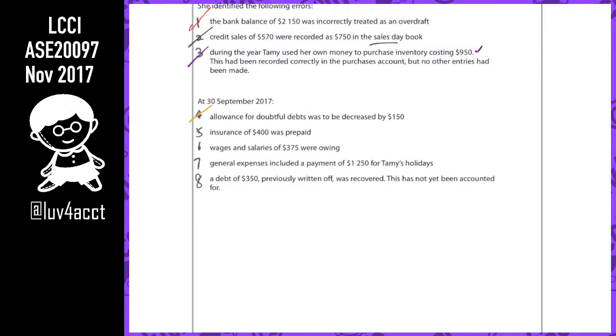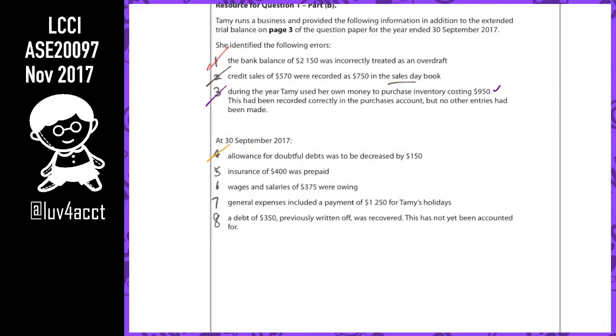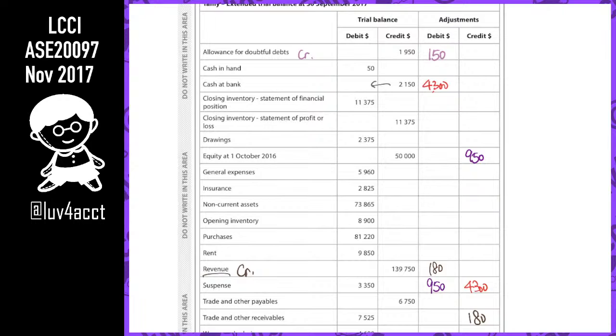Item 5, insurance 400 prepaid, wages and salary 375 accrued. We'll do these two items together. Go to insurance. It is prepaid. Insurance is on the debit side.